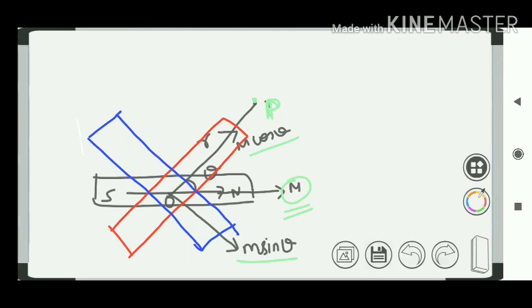So this red color which I have drawn is an imaginary bar magnet which is having the magnetic moment m cos theta, and P is lying in the axial position of this red bar magnet, remember, as you can see.